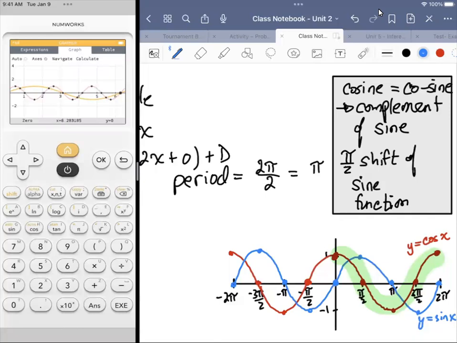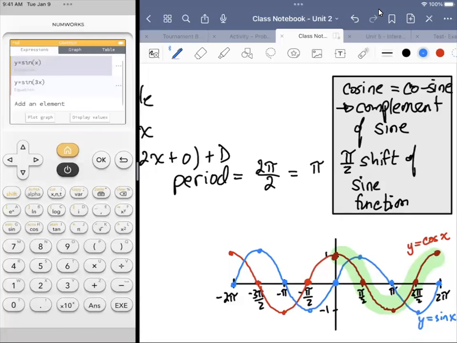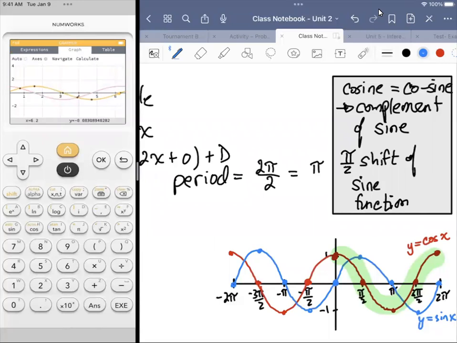And that's why I was saying, if I do it in the NumWorks without doing the sketch first, it could be a little weird, because it's like, what am I looking at here? So let me just pop this in. I'll make it cosine. And I want to do graph. But like I said, I'll just do it the way I did here.